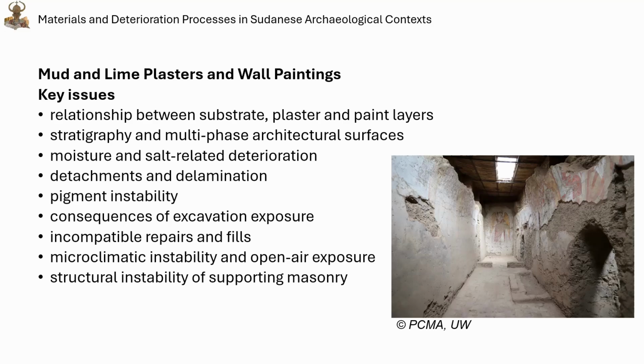And their condition depends on the relation between all these layers and the stability of the supporting wall. Multi-phase surfaces are particularly important because they preserve historical and technological sequences that are part of the archaeological evidence.